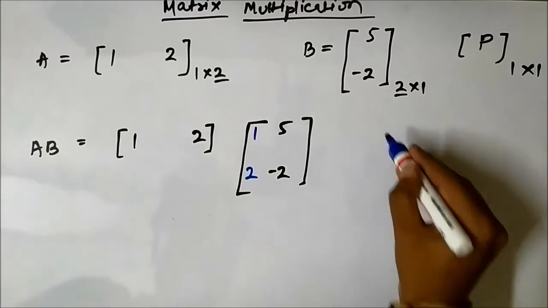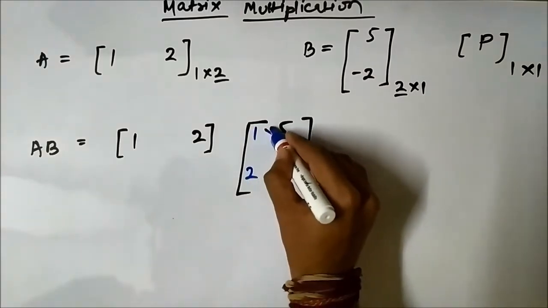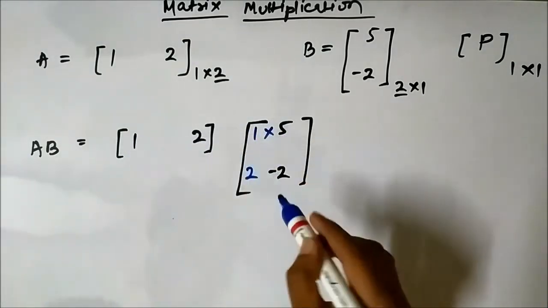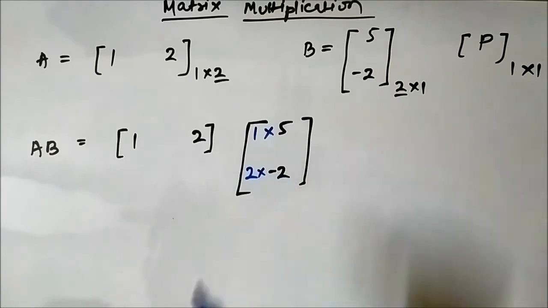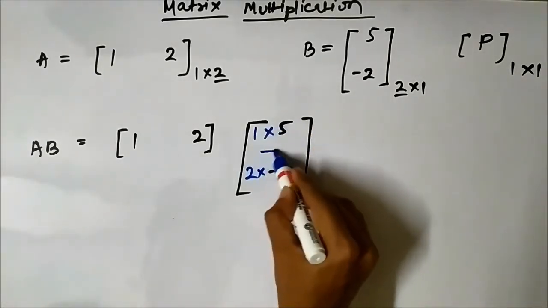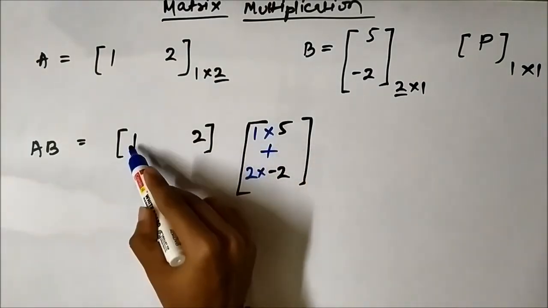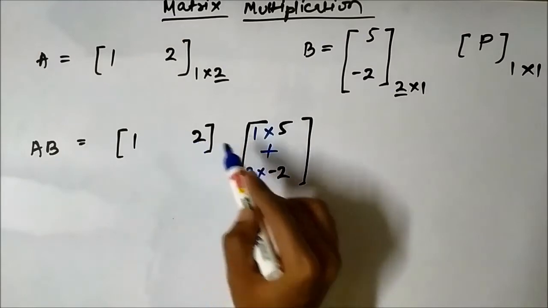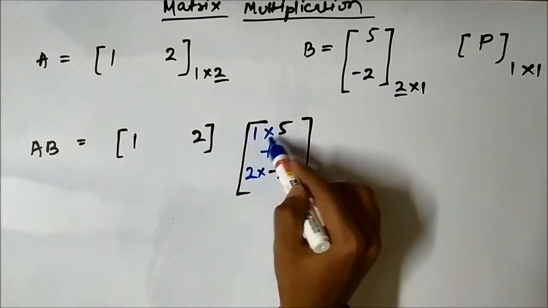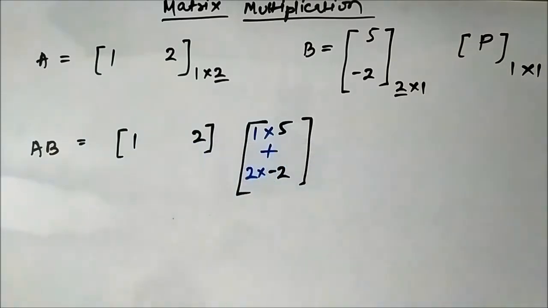Now the operation is this 1 is multiplied with 5 and this 2 is multiplied with minus 2, and these two are added.